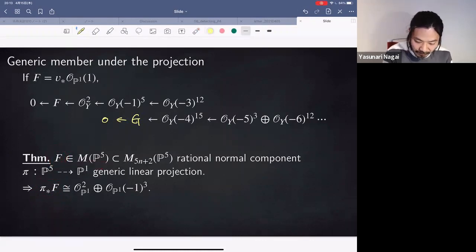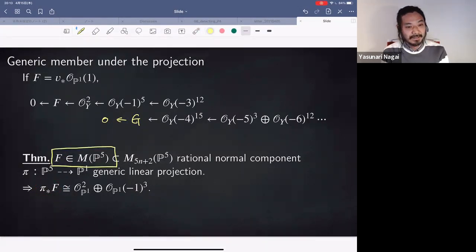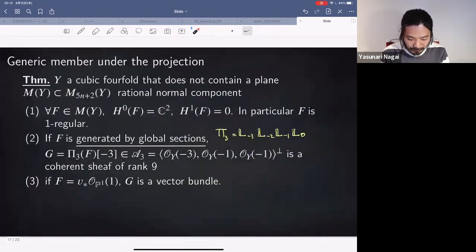And actually, this assumption, that the sheaf is on the rational normal component, is really important, because otherwise we cannot prove this theorem, and we need some kind of case-by-case analysis of the projected sheaf. Here we already have some trouble with the non-irreducibility of the moduli space of stable sheaves.